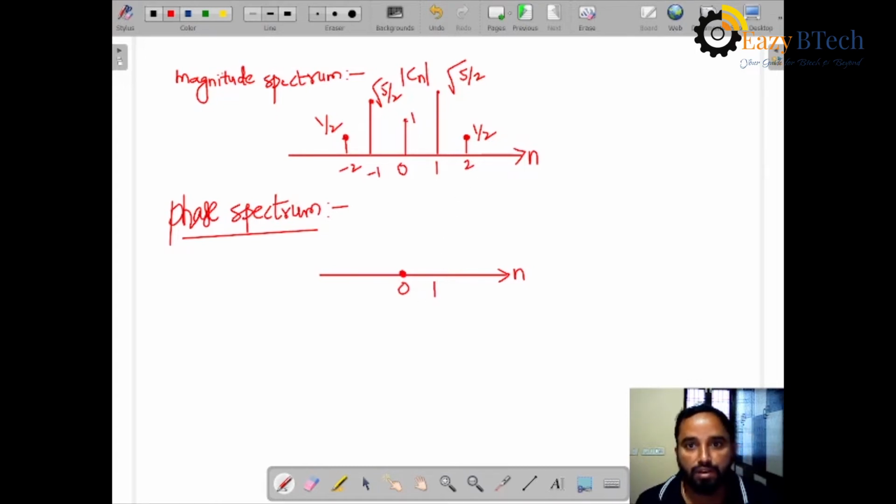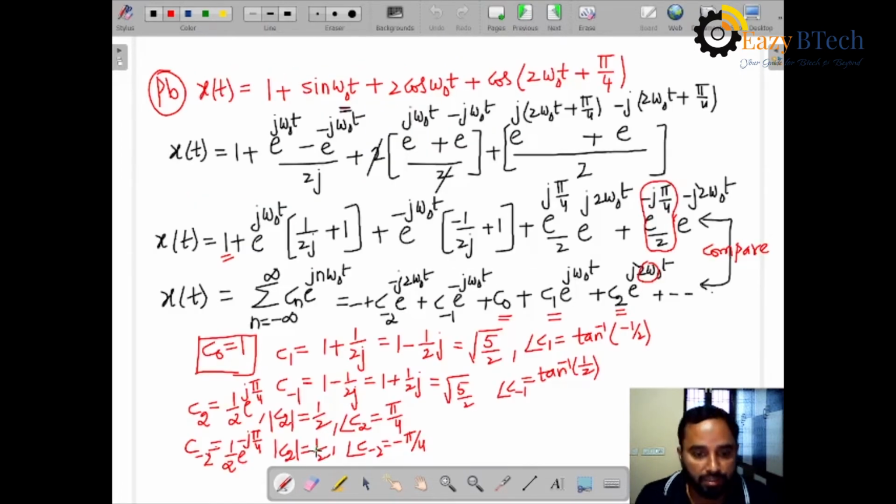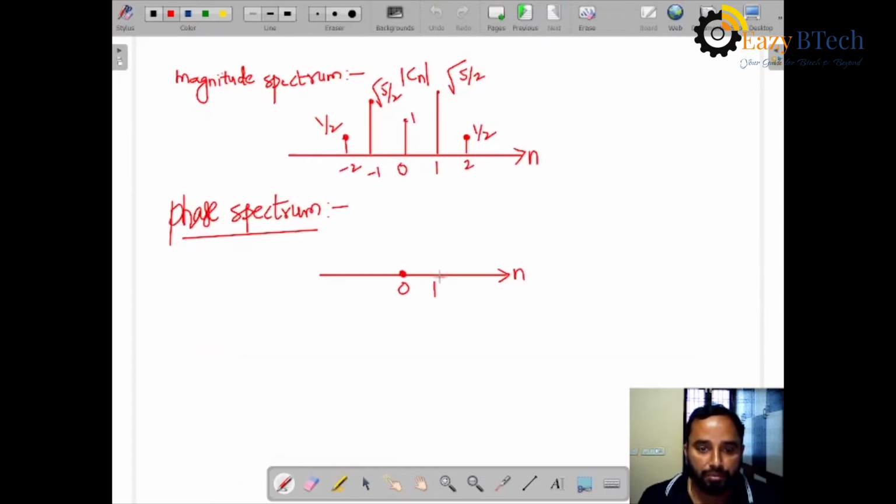C1 phase is tan inverse minus 1 by 2, so it will be a negative phase. So it is minus tan inverse 1 by 2.